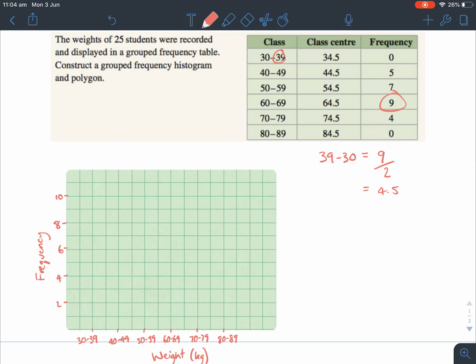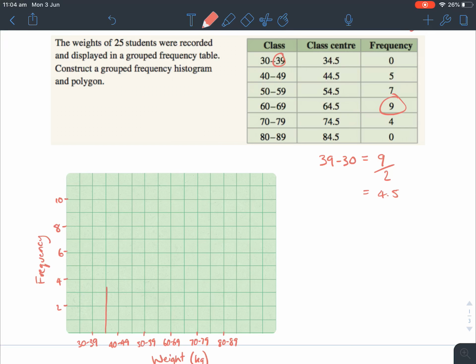What about the next one? There were 5 students who weighed between 40 and 49 kilos. So let's start our histogram. There were 7 students in the next class. There were 9 students in the third class.